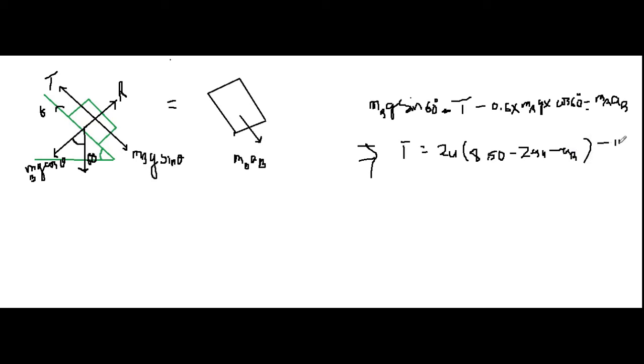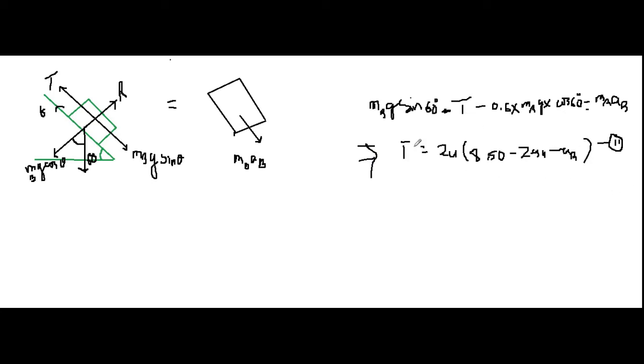So we have obtained one expression from block A and a second expression from block B. The tension is equal in both, since this is only one rope.